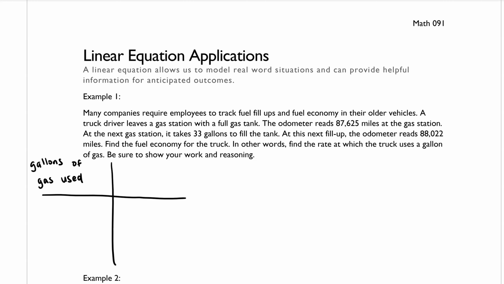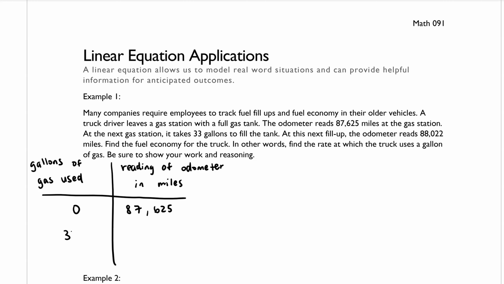And so initially, there's no gas used, and we're just starting off on our trip. And the output will be the reading of the odometer in miles. And so the odometer starts off with 87,625 miles.